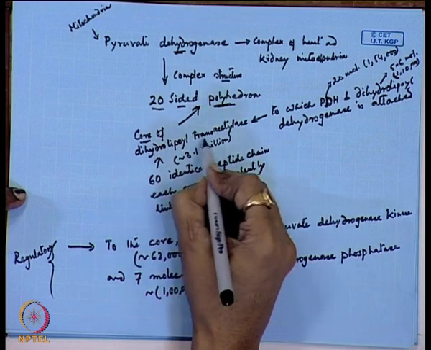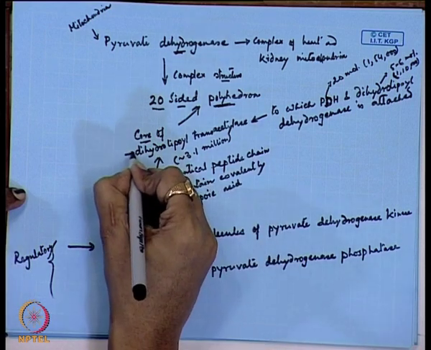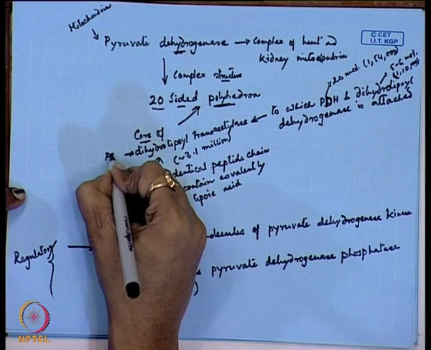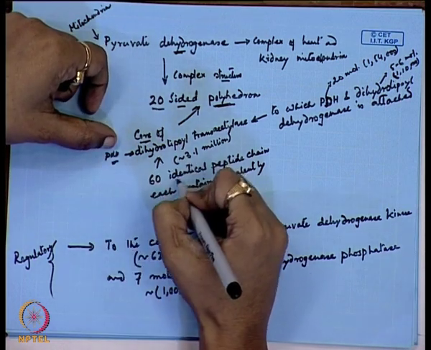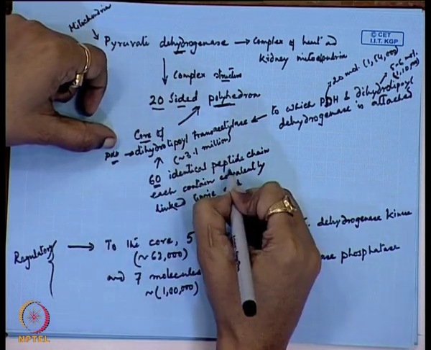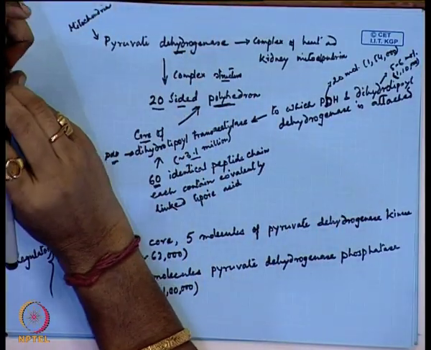So, this is the core enzyme of pyruvate dehydrogenase. This enzyme has 60 identical peptide chains. So, you can understand how complex this core moiety is, and its molecular weight is approximately 3.1 million Dalton.